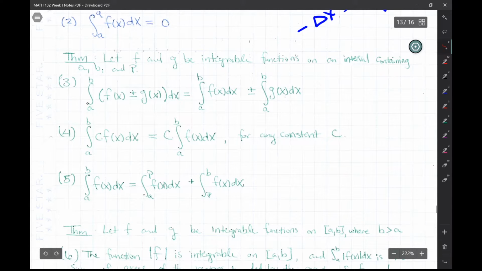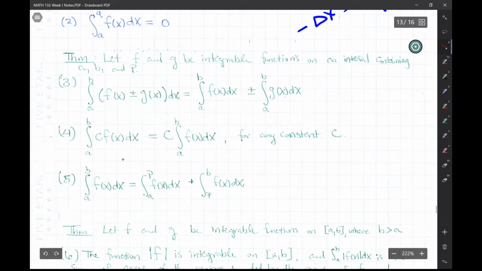Well, we could sort of distribute, if you will, the integral over a sum or subtraction. So instead of integrating the sum of f and g, you could integrate over f and then add the integral over g. Of course, both of these from a to b. They still have to have the same limits.